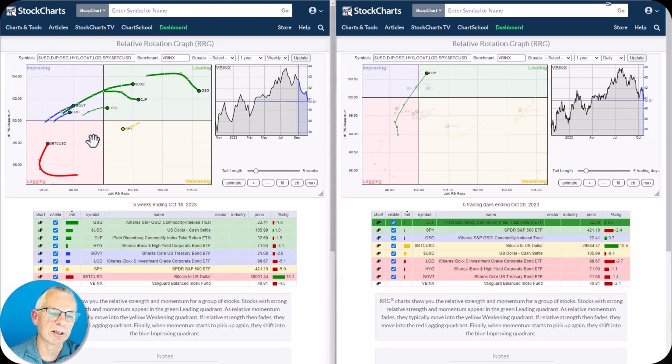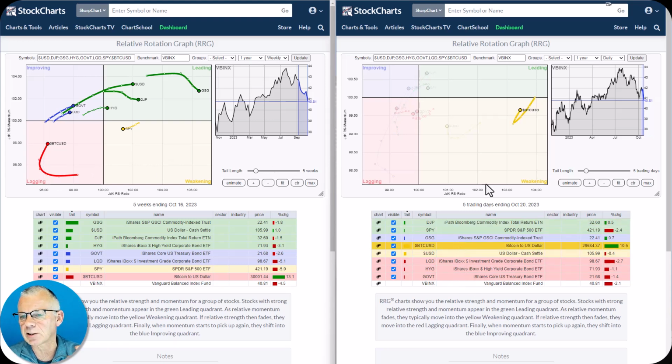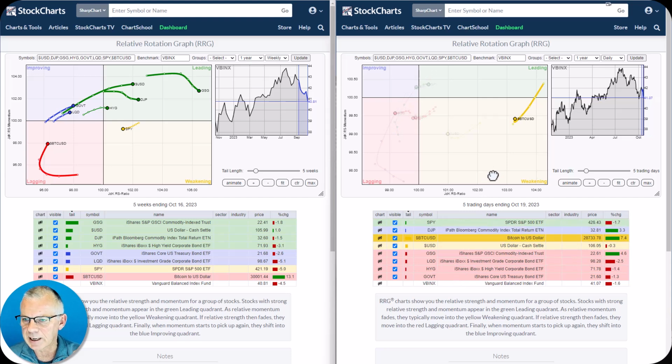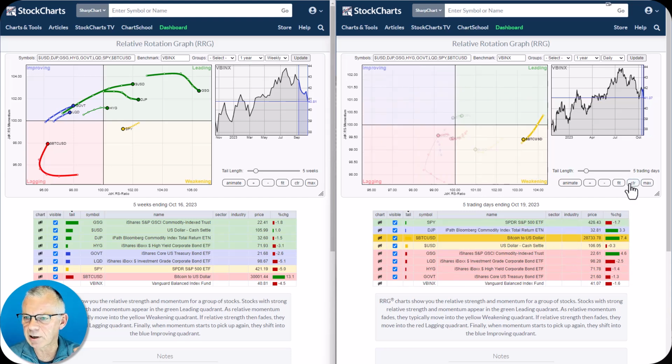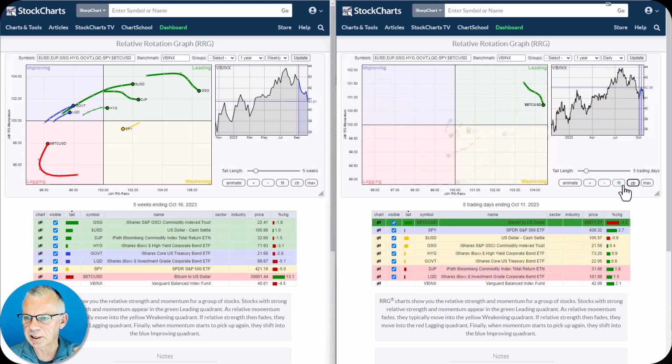And then the final asset that I want to talk about is Bitcoin. On the weekly chart, you see the tail inside lagging, but curling back up. That's usually a good sign. But if we look at the daily tail, you can see how Bitcoin has gone through a very long rotation through leading.